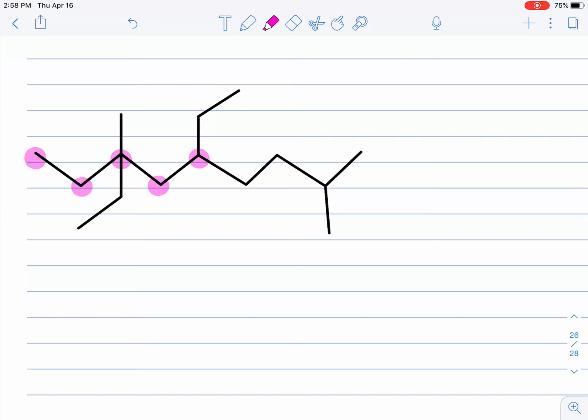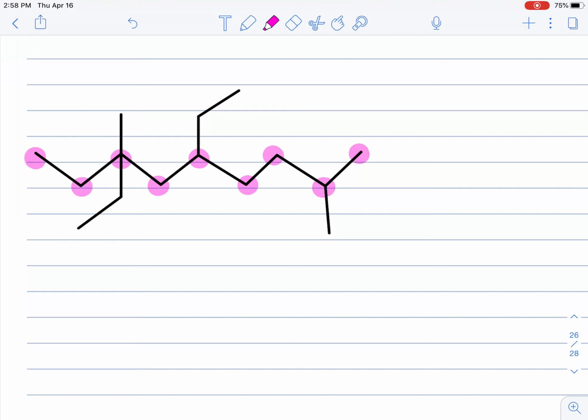Let me take a couple steps back. 1, 2, 3, 4, 5, 6, 7, 8, 9. So 9 is larger than 7, so we have 9 consecutive carbons. Now if I take a couple steps back, 1, 2, 3, 4, 5, 6, 7, 8, 9. So if I go down, it'll still give me 9. Okay.